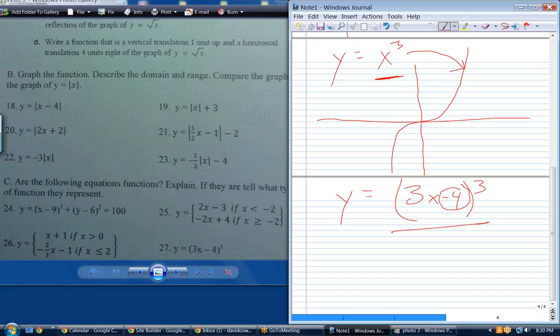Yeah, although not exactly true with this one. Because in order to figure that out, we have to factor this 3 out and get it outside the function. In other words, I have to actually write this in the following method.